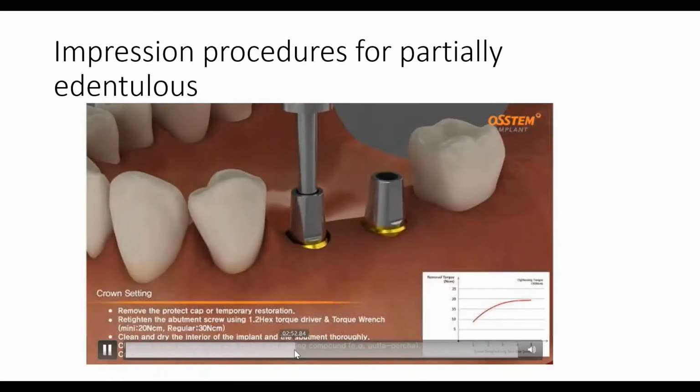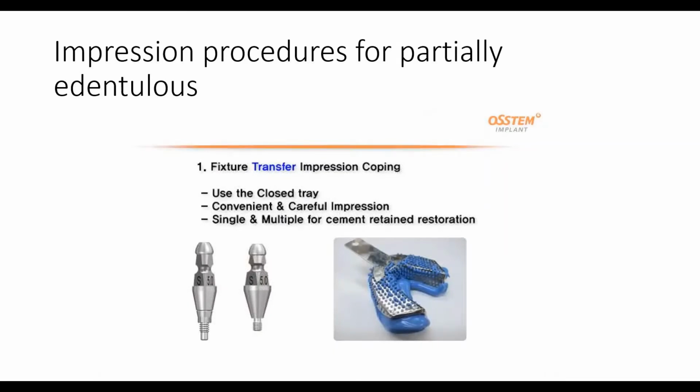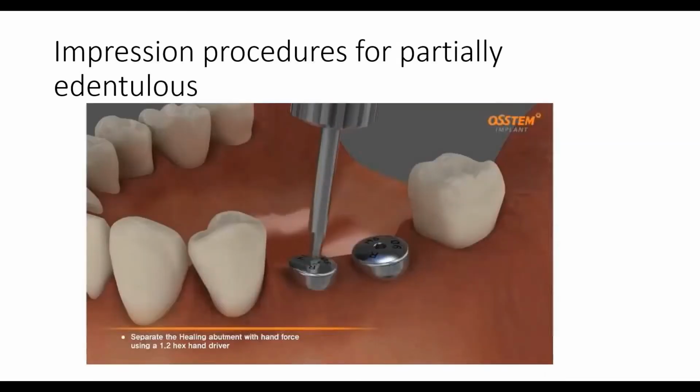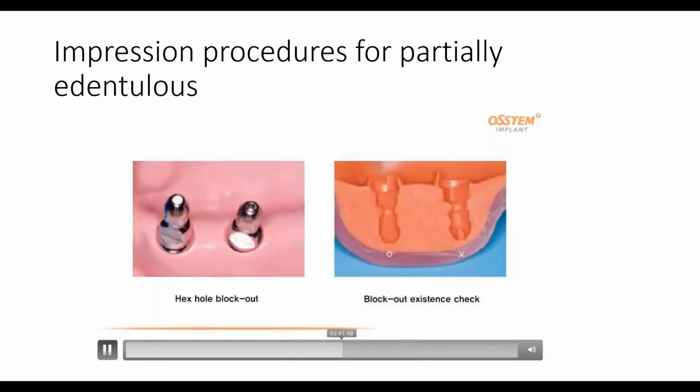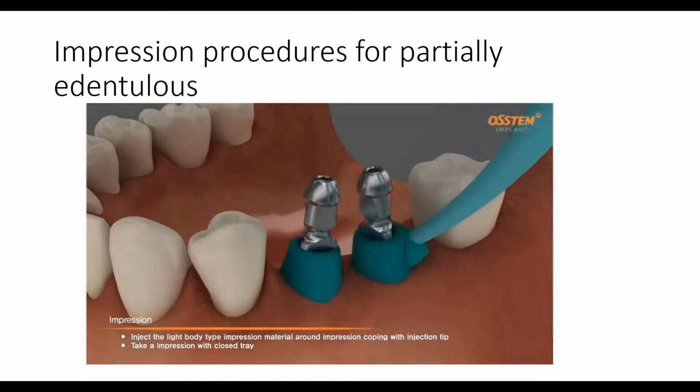Now, next coming to the transfer impression coping. This transfer impression coping is attached to the implant surface. After removing the healing abutment, this impression coping is attached onto the implant orifice. It has particular indentations and marks, so it will go in the proper indentation which is created.